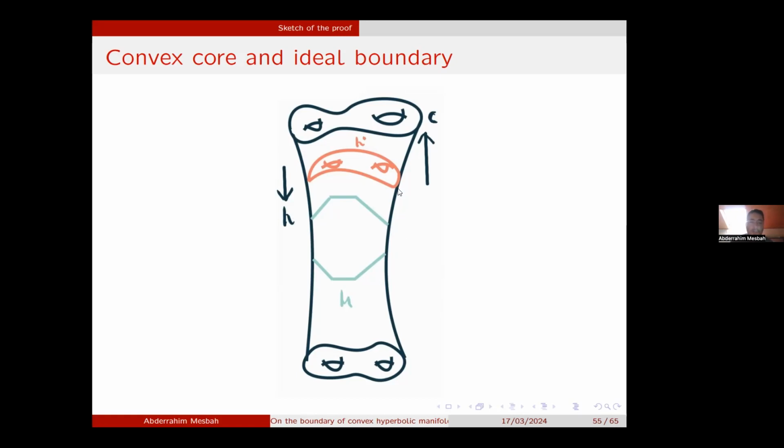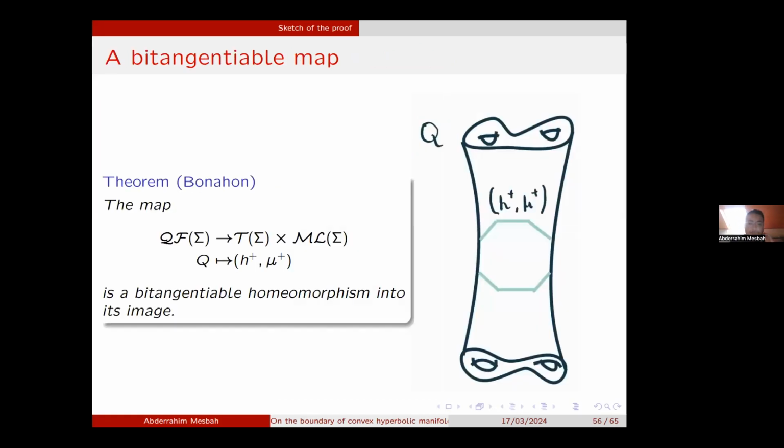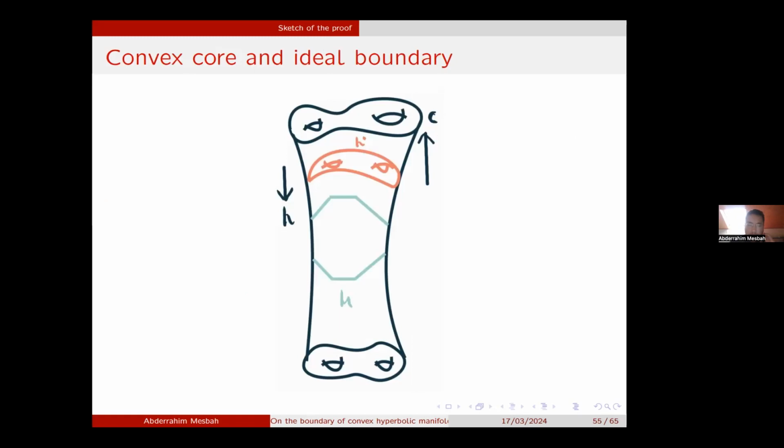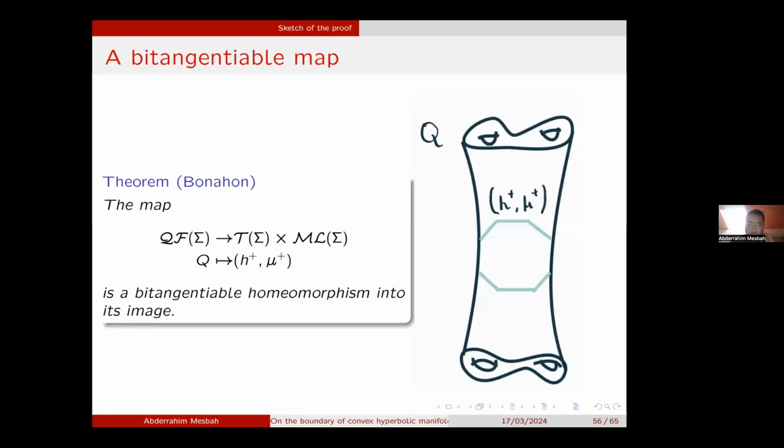And yes, we need also to assume that the conformal structure of these Hn converges to C. We will get eventually a quasi-Fuchsian manifold that has as ideal boundary at infinity C, and the bending lamination on the other side of the boundary of the convex core is equal to mu. Yeah, so this was for the surjectivity statements.